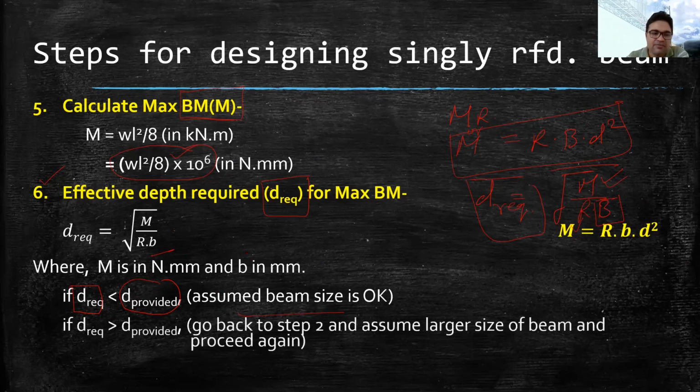By chance, if the required depth is more than the depth provided, which means the depth which we are providing in the beam is not safe, then we have to go back to step 2, assume a larger depth, and then proceed again. So this is how we follow the design process.